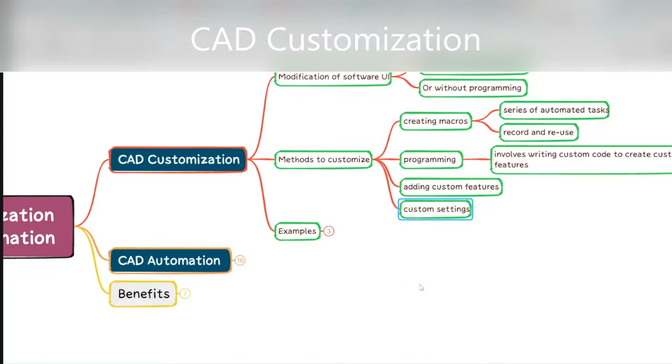So this is what is meant by custom features and custom settings. There are some custom settings that they apply during installation that create a custom UI for them when they open a new part, when they work with an assembly, when they work with a drawing. So every time they get a custom UI because of these custom settings.